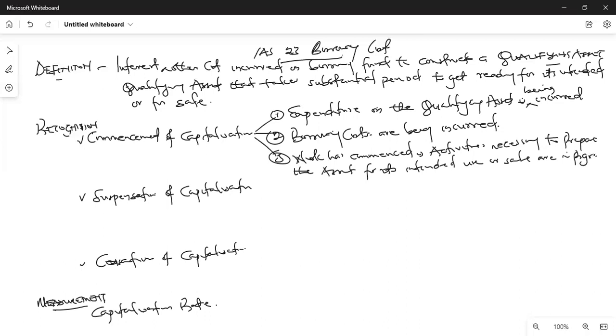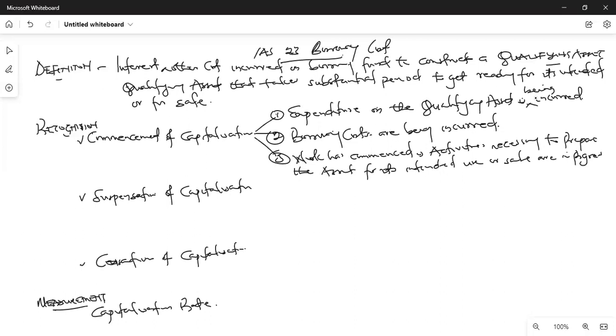All right, and these three things must happen before you can start capitalizing a borrowing cost. Importantly, you should take note of that. It is very important.